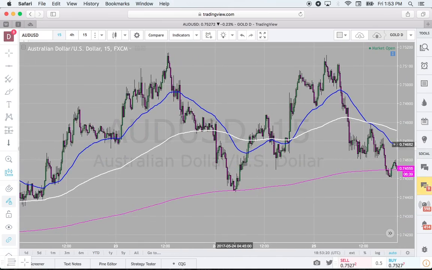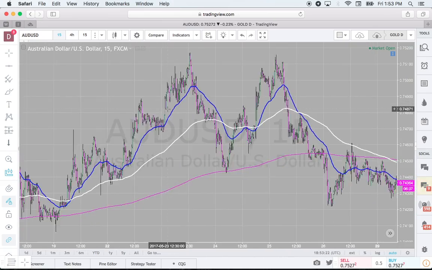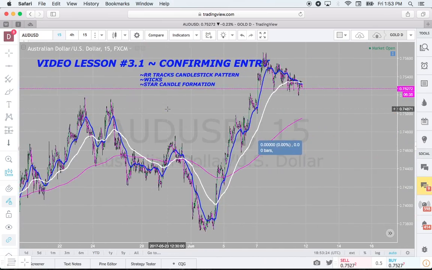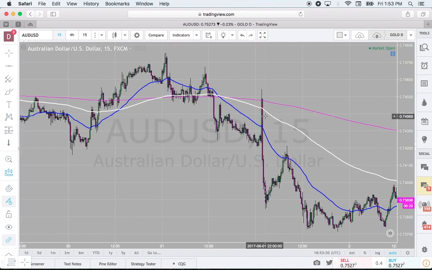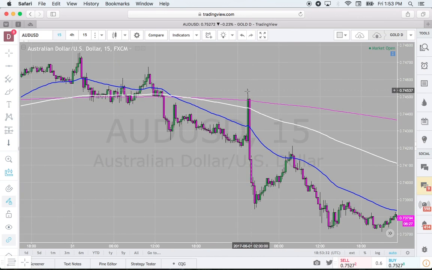So the first, we are going to talk about the railroad track candlestick pattern. This would be a perfect example of a railroad track candlestick pattern. You've heard me talk about it before, and if you didn't know what it is, this is it.